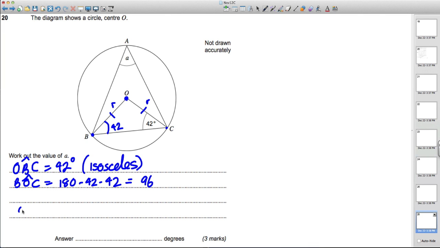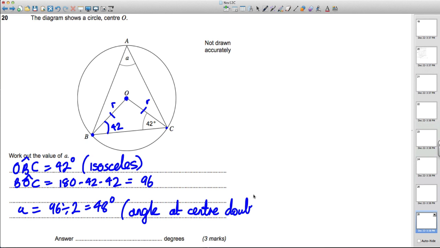And then a must be equal to 96 divided by 2, which is equal to 48 degrees. And state the reason. This is one of your circle theorems: angle at centre, double angle at circumference. That's one of your circle theorems you need to know. So the answer is 48 degrees.